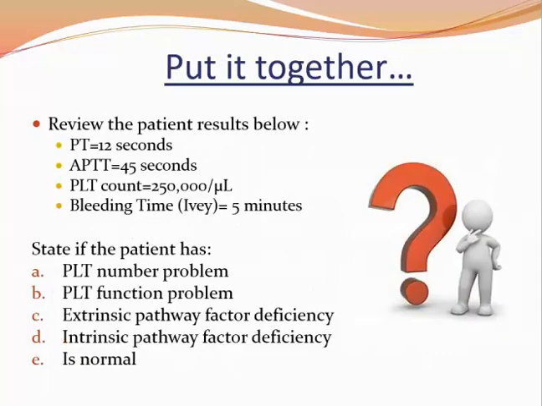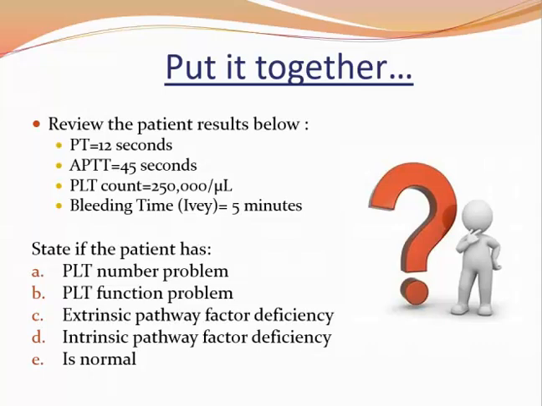So let's put everything we've learned in this lecture together for our coag tests. In this scenario, we have patient results. We have a PT result of 12 seconds, an APTT result of 45 seconds, a platelet count of 250,000 per microliter, and a bleeding time done with the IVY method of 5 minutes.